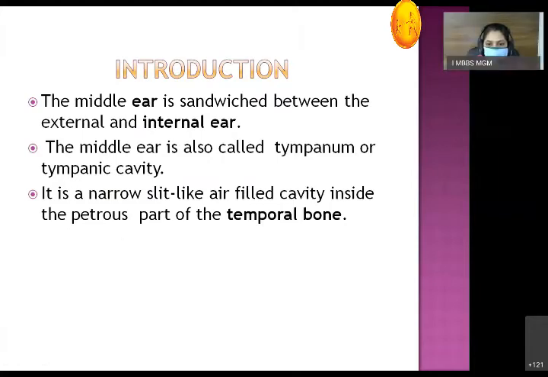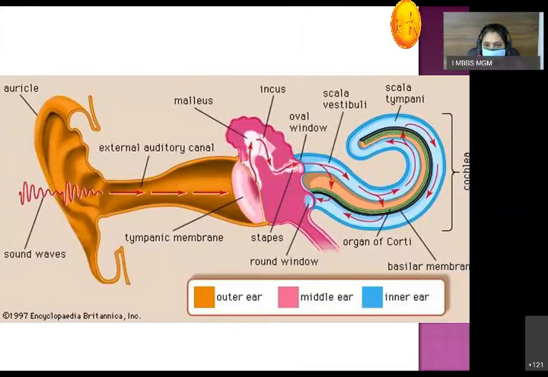Here you see the temporal bone and this cavity which is present in the petrous part. So, am I clear? Why is it called the middle ear cavity? Because it is sandwiched between external ear and internal ear.